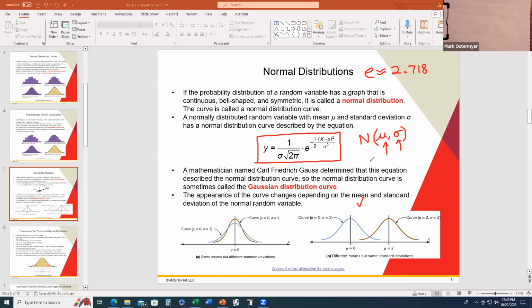If your standard deviation, lowercase sigma, is very small, that indicates your data values tend to cluster very closely around the mean, median, and mode, and therefore your bell-shaped curve will be much more narrow. Okay. So the mean locates the normal distribution in the plane, and the standard deviation basically determines the shape of the normal distribution, how narrow it is versus how wide or splayed out it is.